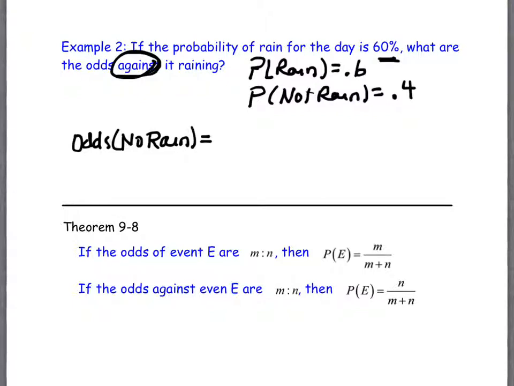So what would we do? Well, we're going to compare these probabilities. So we want the probability of no rain compared to what? The probability that it rains. So what's the probability of no rain? 0.4.